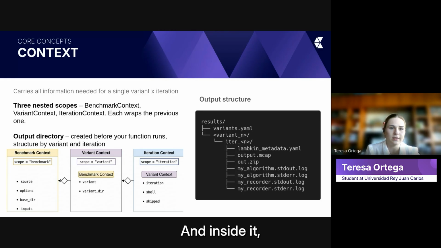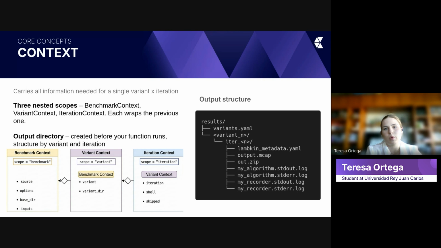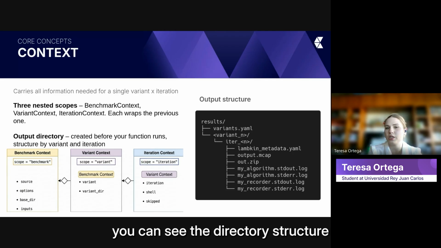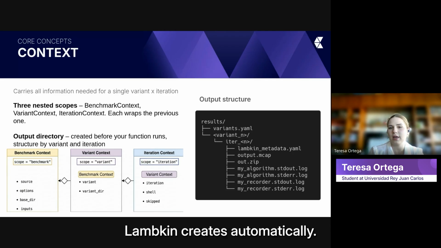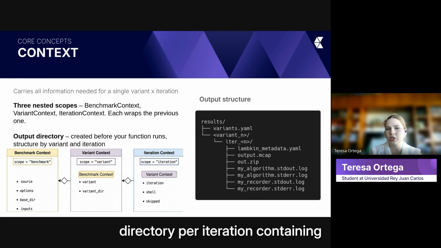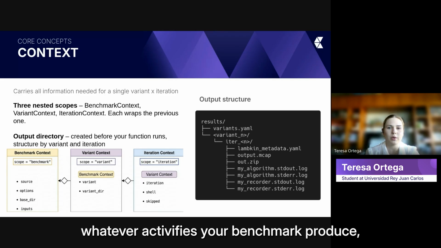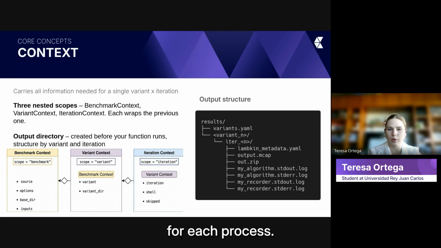And inside it, iteration context adds iteration, cell, and skip it. Each level sees everything the previous one exposed, plus what belongs to its own scope. On the right, you can see the directory structure LAMBKIN creates automatically. There is a variant YAML at the root, and inside each variant folder, one directory per iteration containing its LAMBKIN metadata YAML, whatever artifacts your benchmark produces, and the log files for each process.